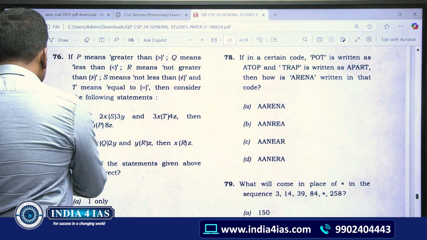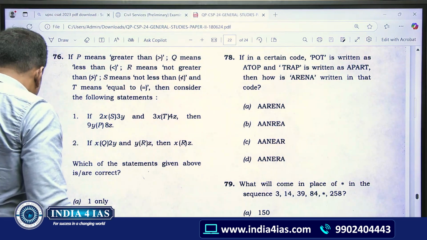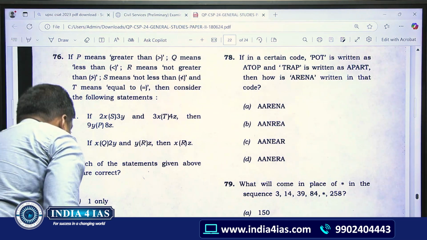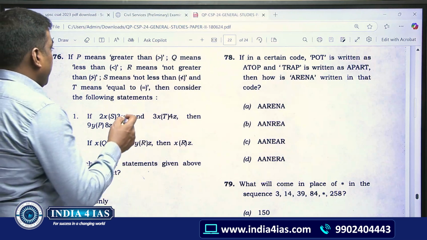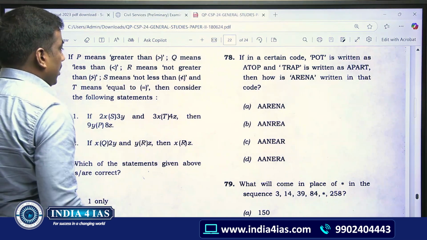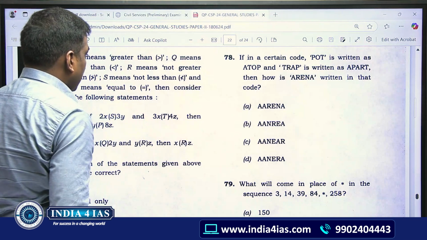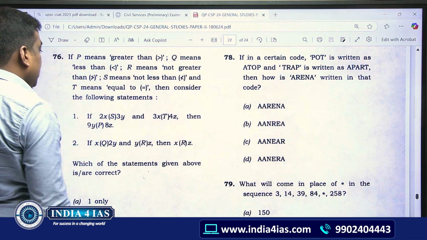Yes, this is related to equation problems. We have to be extra careful here while we are dealing with the equations, because we might get more than two variables. Okay. P means greater than symbol, Q means lesser than, R means not greater than, S means not lesser than, and T means equal. Then consider the following statements.